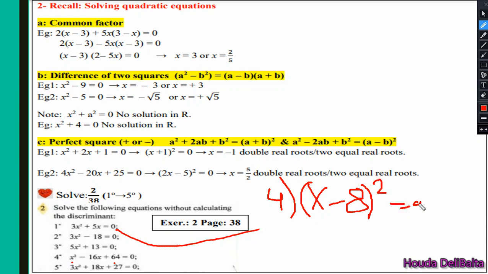Let's make sure. If I multiply x by 8, I get 8x, or minus 8x because I have a minus sign here, and then multiplying by 2 in my mind, I'm going to get 16x. Then it's definitely true, and I say that x equals 8, and we call it a double root or two equal roots. Okay, now you have to solve the others to train yourselves.